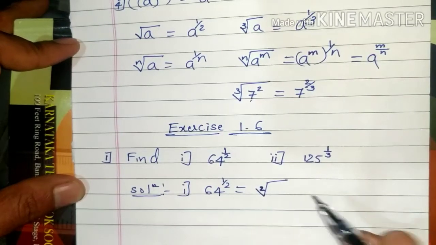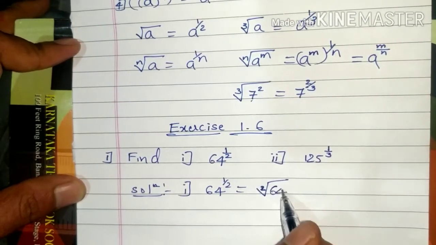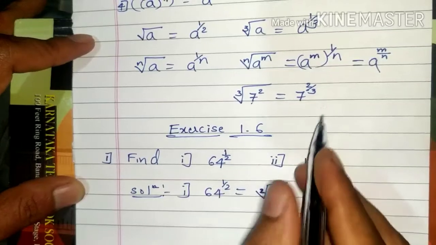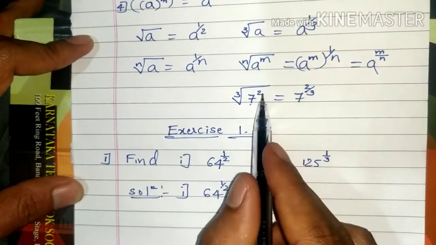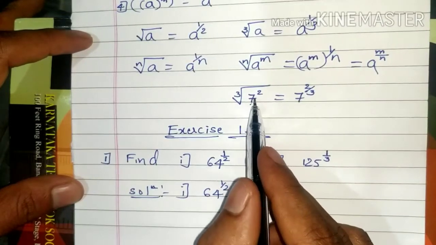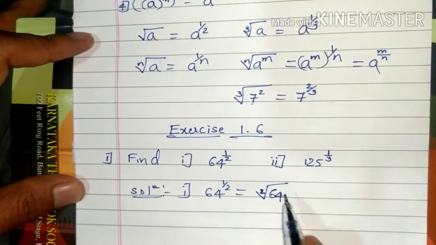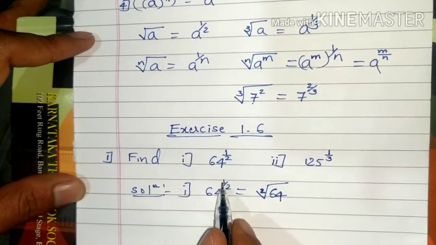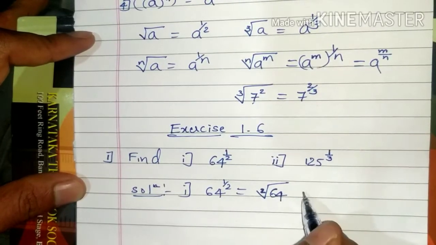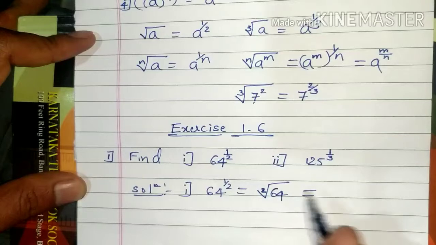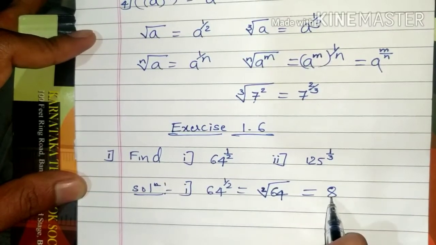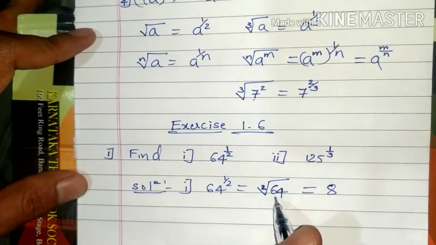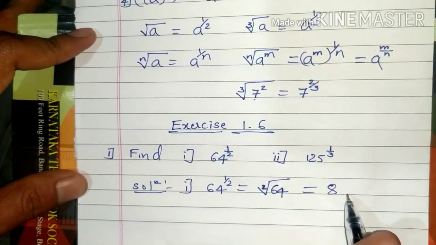The numerator comes as the index for 64, so 64 raised to 1, we need not write 1; if it is 2, 3, 4, then you write. That is equal to square root of 64, which is 8, because 8 into 8 is 64. If you multiply 8 two times, we get 64. That is why square root of 64 is equal to 8.